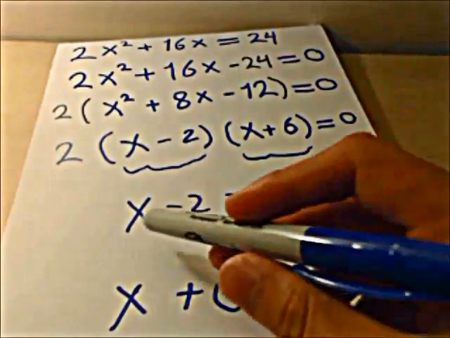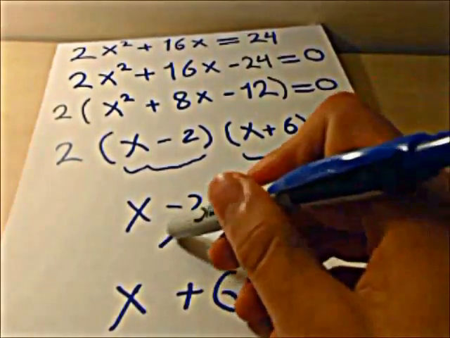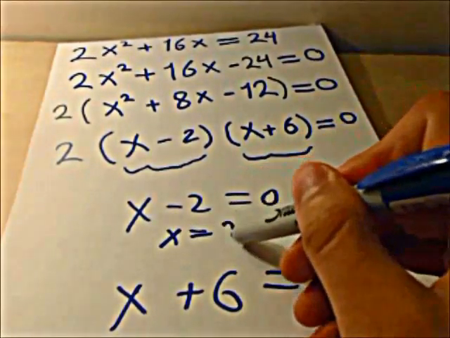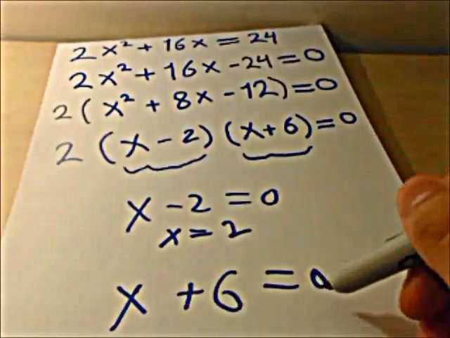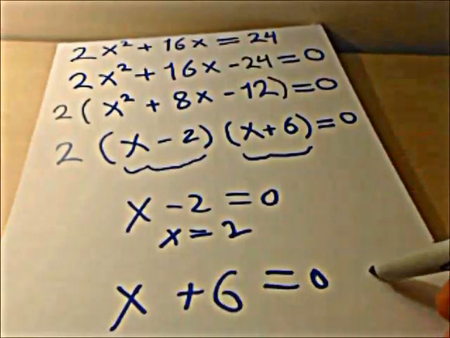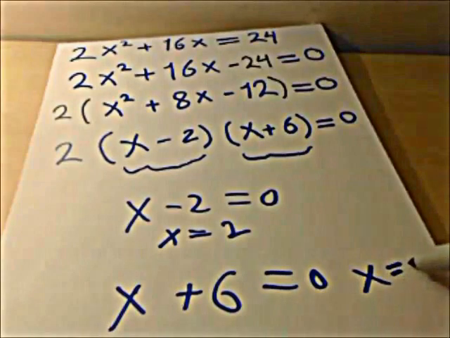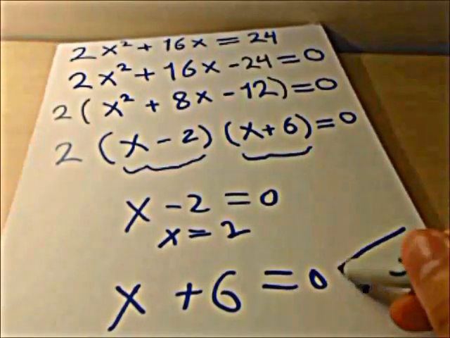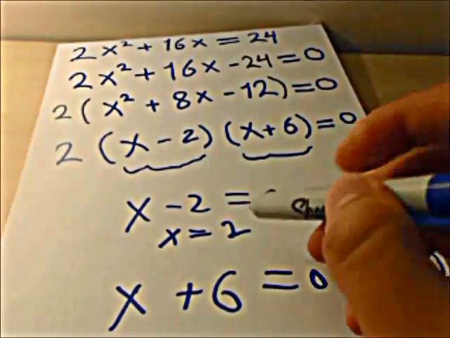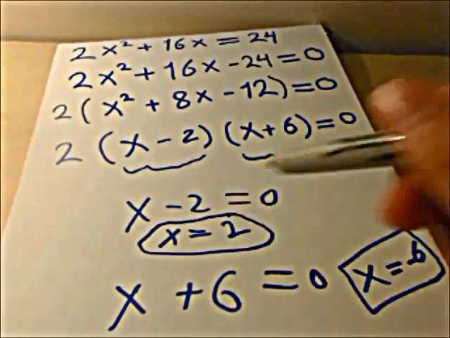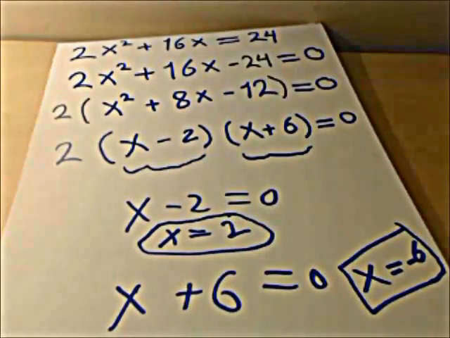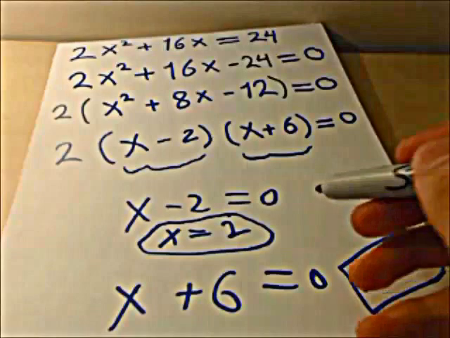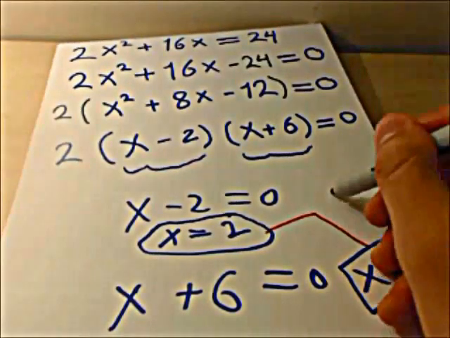So yeah, x minus 2 equals 0 means x is equal to positive 2. Or here we've got x plus 6 equals 0, that means x equals minus 6. So we've got the two solutions here. Either x is equal to positive 2 or x is equal to minus 6. And those are the final answers.